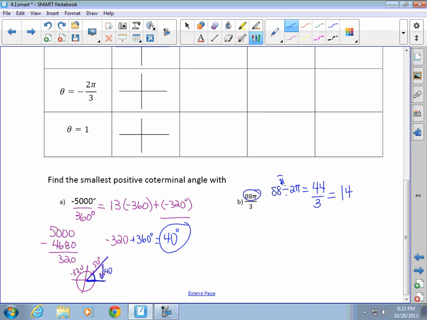So 14 times 3 leaves me with 42. So I'm left with 14 and 2 pi over 3.